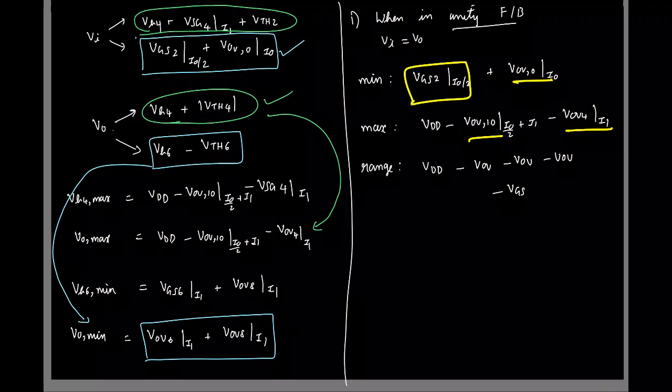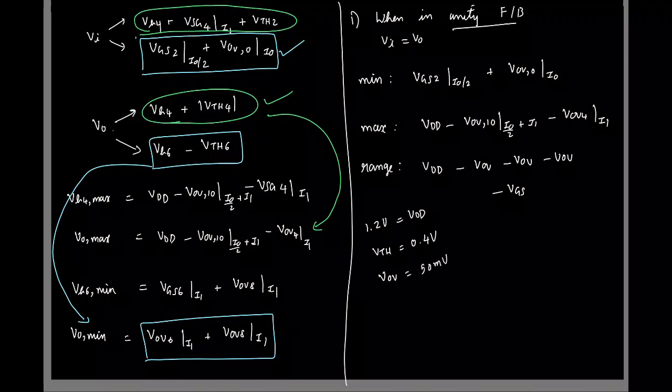I have roughly written it like this. And let us say I have a supply of 1.2 volt, and say my threshold is 0.4 volt, and I choose overdrives to be 50 millivolt. What is this range equal to?